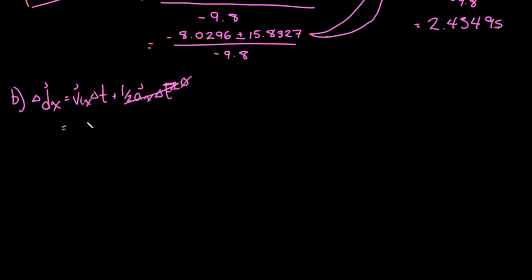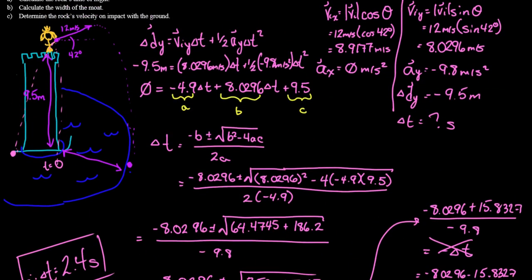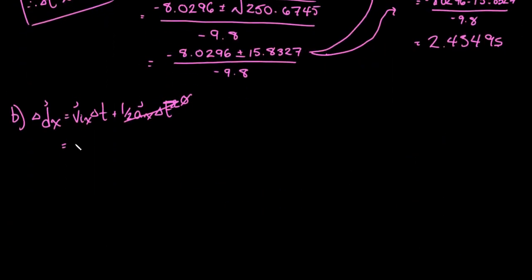And beauty is we always know the acceleration in that x direction is 0. So the displacement is simply going to be equal to the initial velocity in that x direction, which was 8.9177 multiplied by our time of 2.4349 seconds.